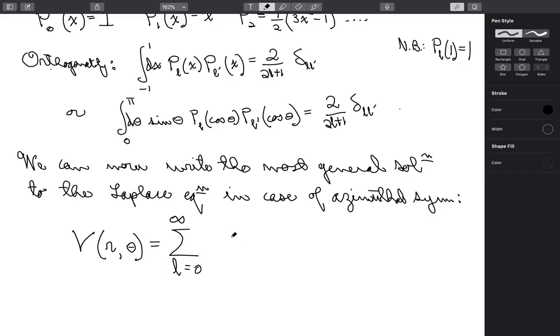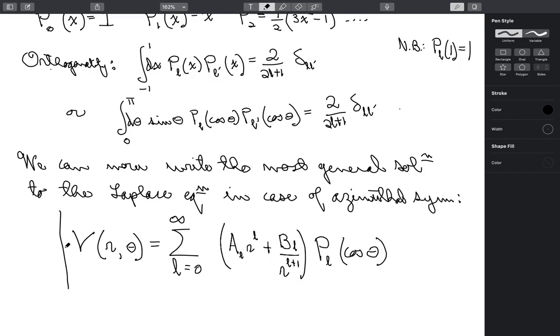I've got the radial part, which looks like some constant A_L times r to the L, and the other bit, B_L divided by r to the L plus 1, and then times the Legendre polynomial P_L of cos theta, all right? So that's our most general solution in the case of azimuthal symmetry.